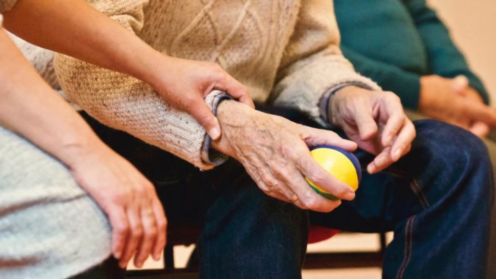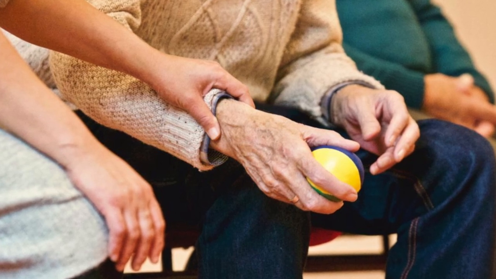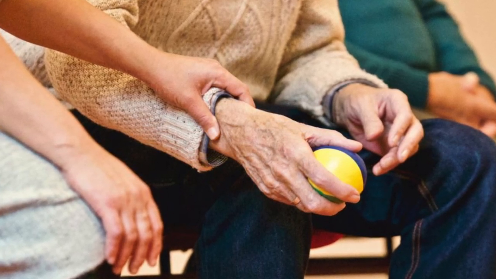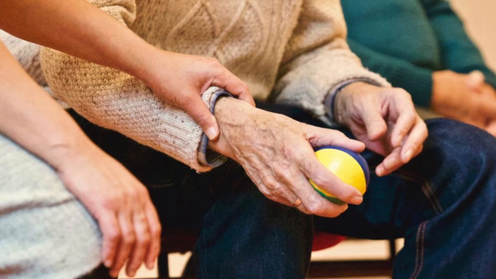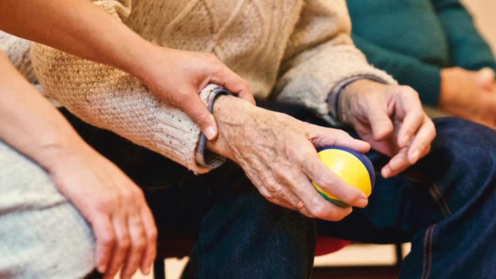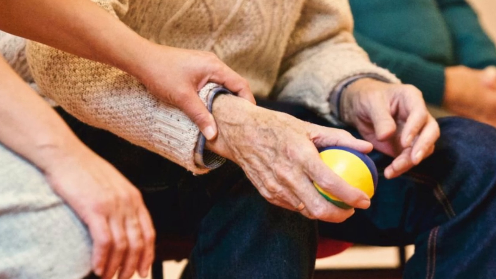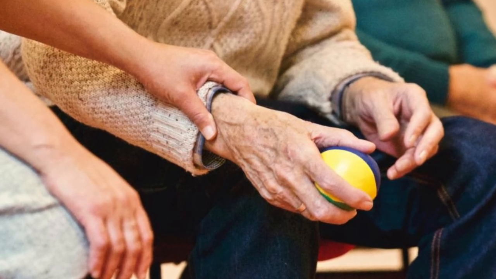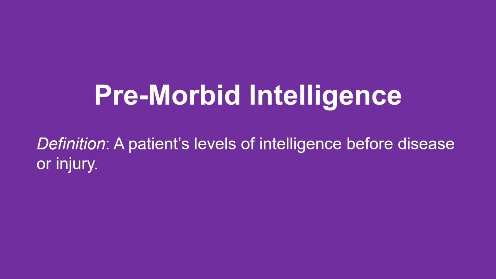As you might have realised, however, the cognitive tests used, such as those in the Wechsler scale, can only measure current levels of functioning. So, how would a neuropsychologist be able to determine a patient's level of intellectual functioning before the occurrence of symptoms of a disease, otherwise known as pre-morbid intelligence?